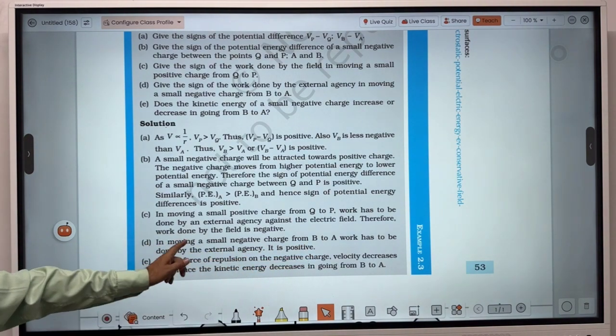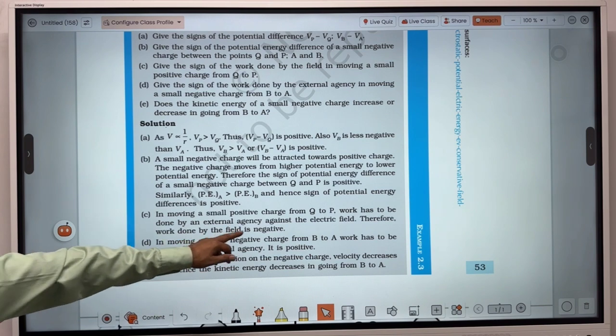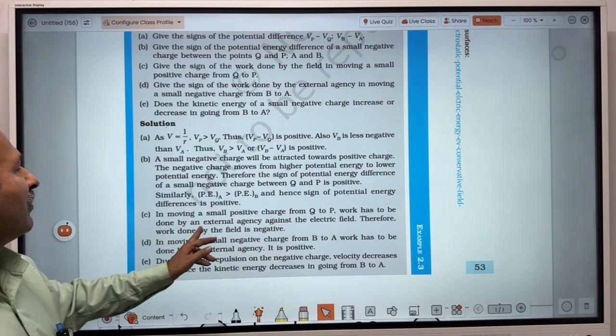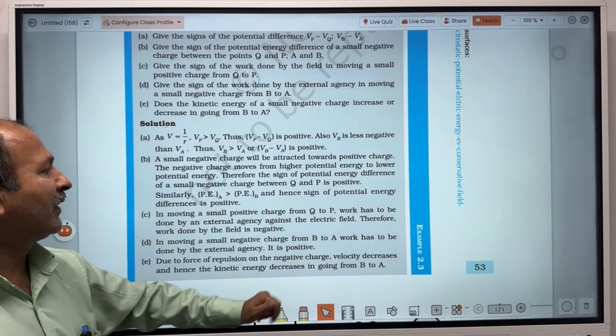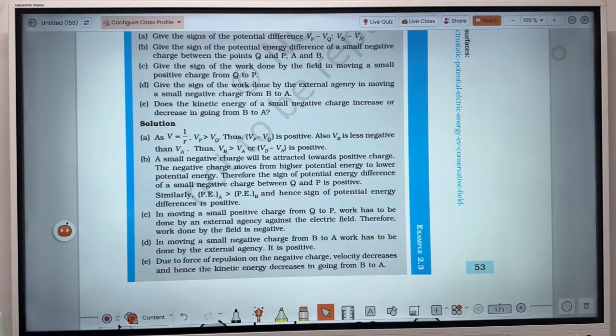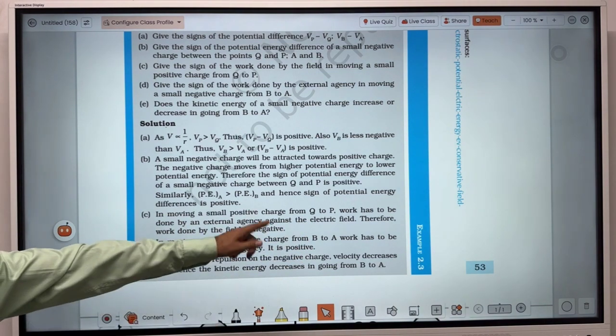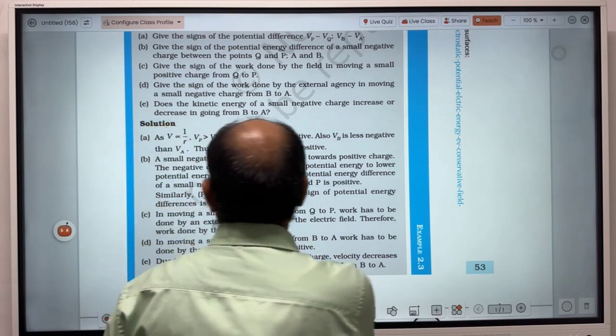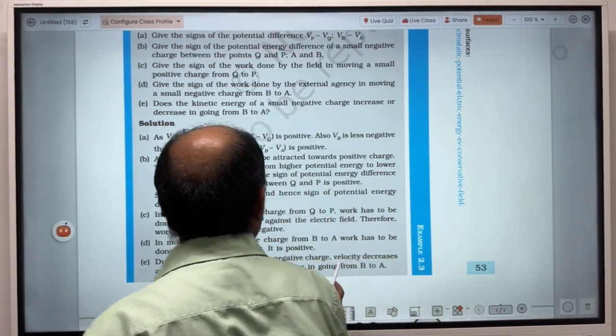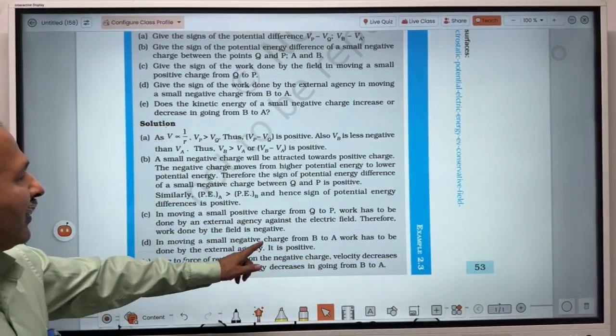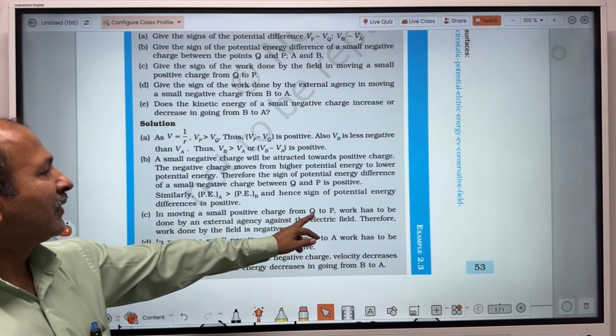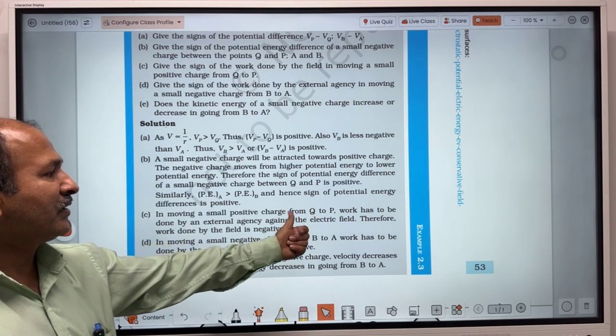It is positive. Here work has to be done by an external agency against the electric field. In the previous case, since potential was increasing, work done was positive, but here potential is, in the previous case from Q to P potential was increasing.